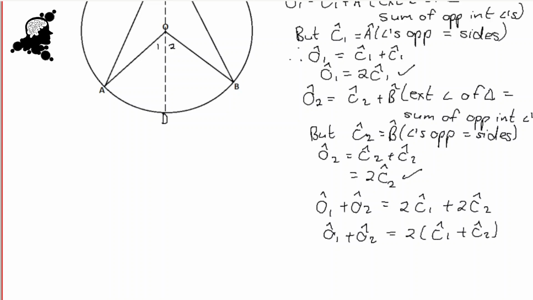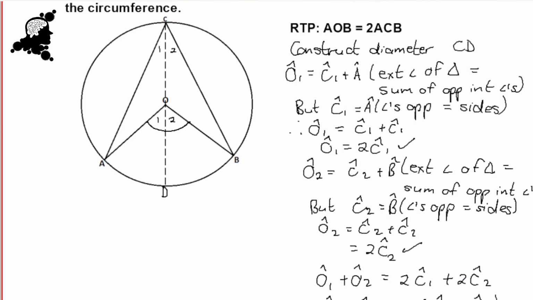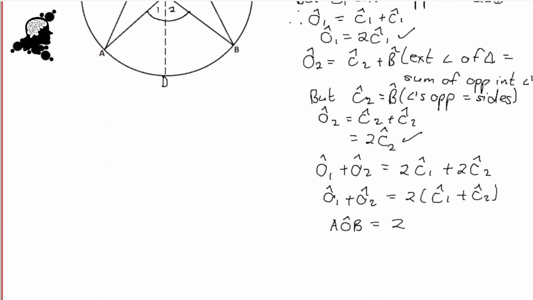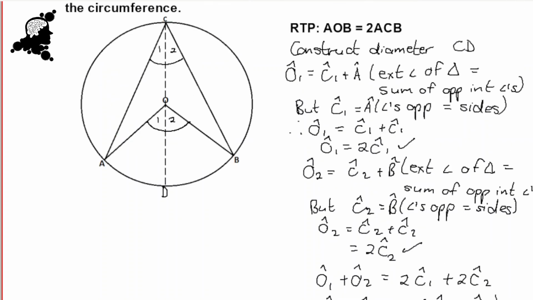Now if we navigate back to the diagram, you will see that angle O1 plus O2 is the whole of this angle here, which is angle AOB. So angle AOB is equal to 2 times C1 plus C2, which in our diagram is this angle here, angle ACB. So I could say this is equal to 2 ACB. There we have it. We have actually proven the theorem which we were required to prove in the first place.